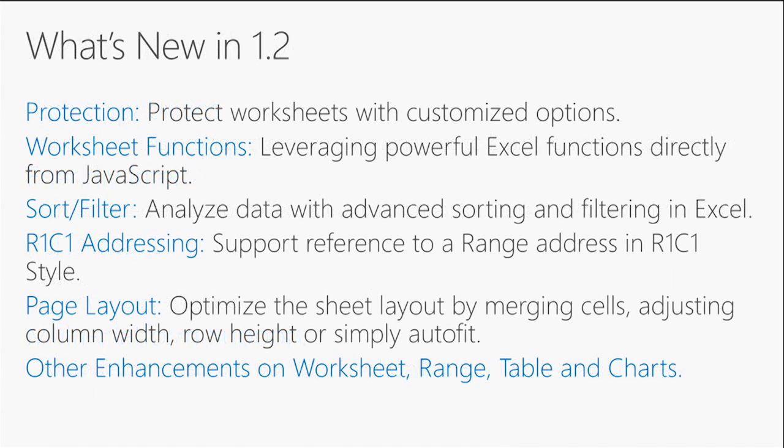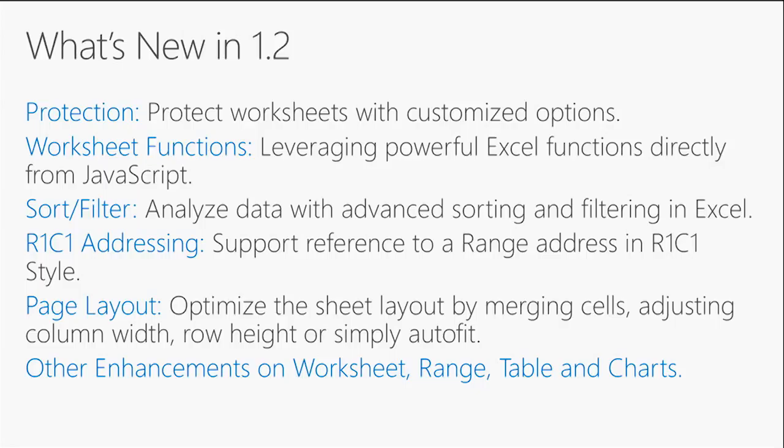Now let's dive into what the new functionalities in Excel API 1.2 are. With requirement set 1.1, we introduced APIs for all Excel core elements, including workbook, worksheets, range, table, native charts, and named range. In 1.2, we brought a rich set of really cool APIs to enable even more powerful scenarios.